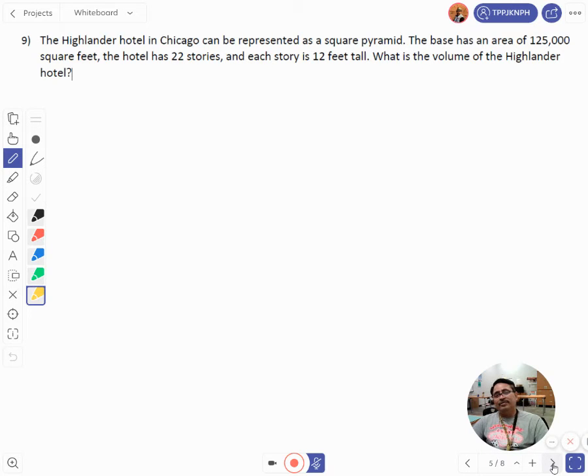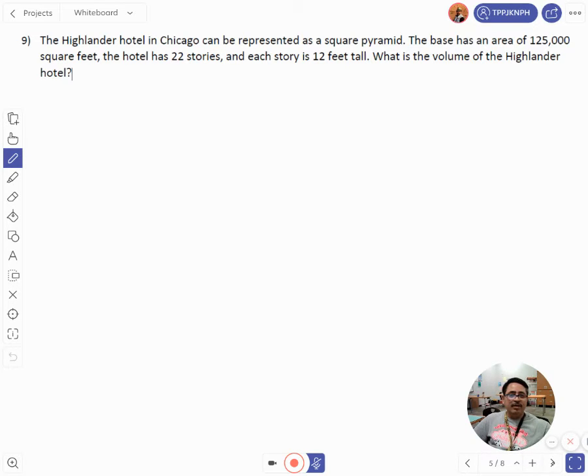Oh, this question is a little tricky. The Highlander Hotel in Chicago can be represented as a square pyramid. Let me draw an imaginary diagram.